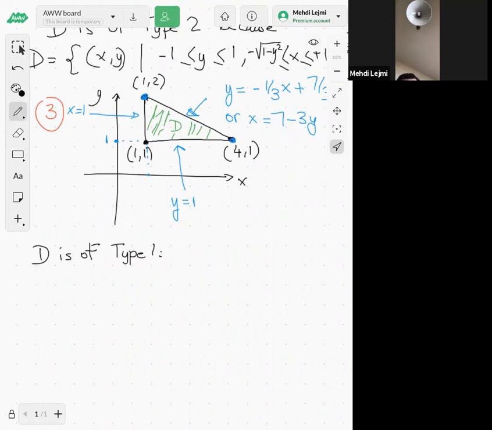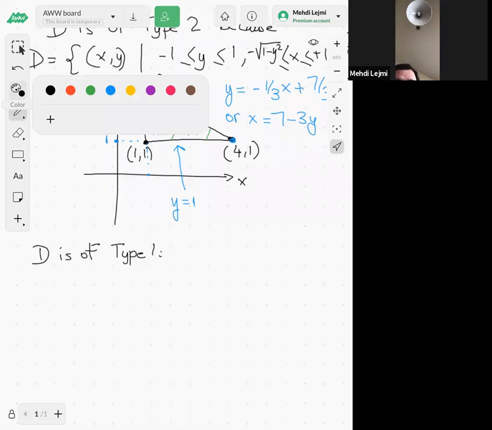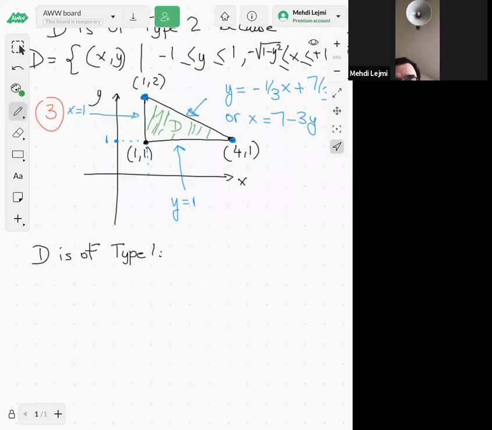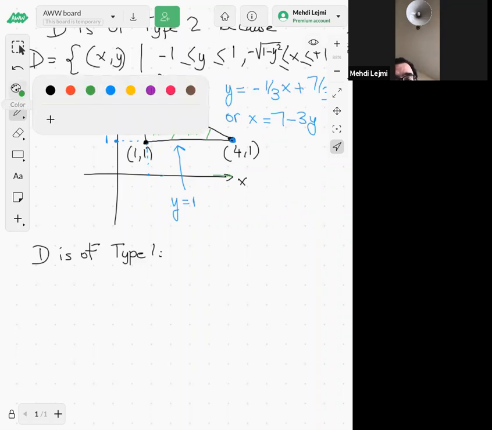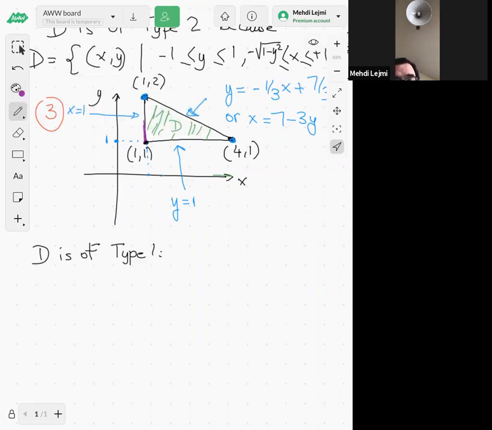So you check the variation of your x. Here's my x-axis, of course. So x goes from 1, this is 1 here, to this point here, which is 4. So your x belongs to the interval 1, 4. So x is between 1 and 4.